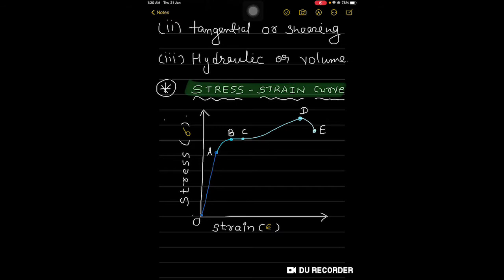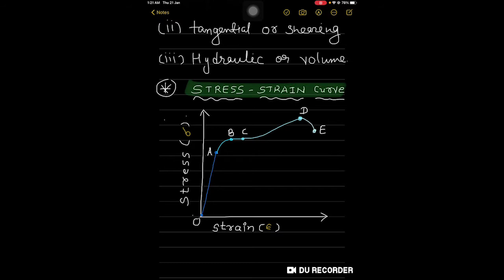The fractional change in length, that is the strain, and the applied force needed to cause the strain are recorded. The applied force is gradually increased in steps and the change in length is noted.